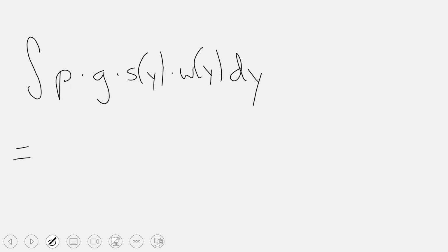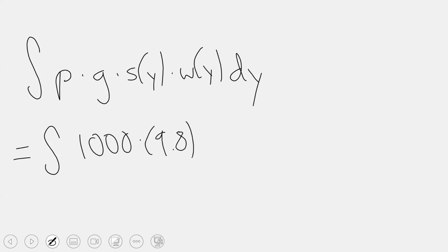So we plug everything in. That value rho, remember, is 1,000 kilograms per meters cubed. The value g, the gravity constant, is 9.8. Our depth function was the value y. And then our width function, negative 3/2 y plus 6, dy.